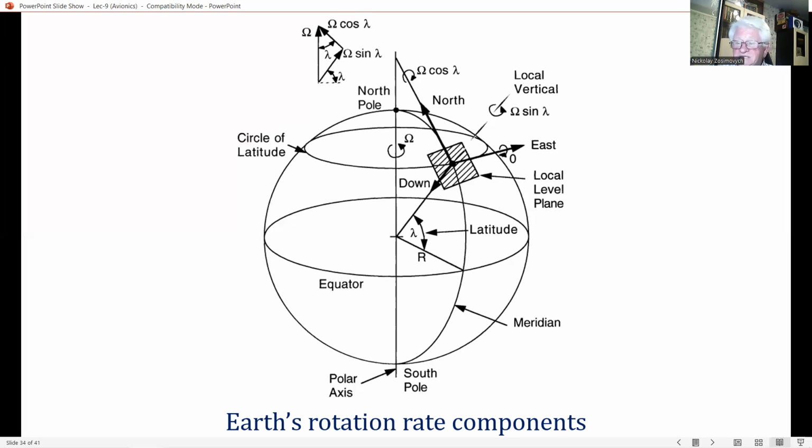Or in this case, we may simply say ω equals 15 degrees per hour.